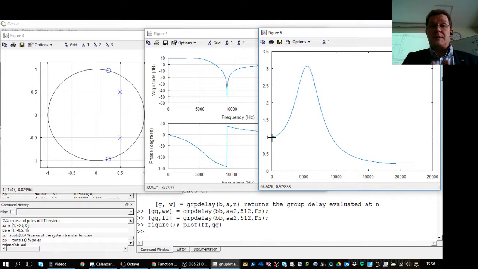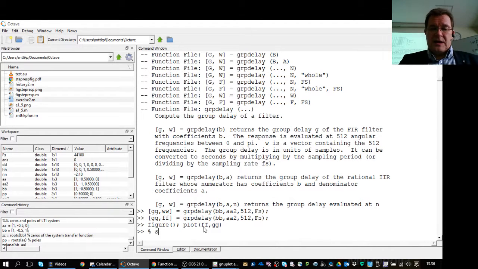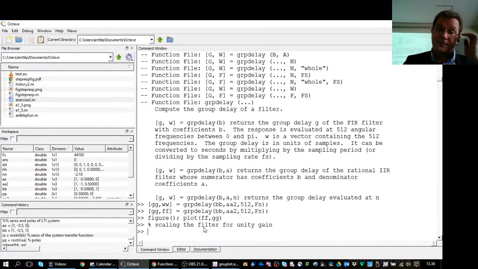The next, and actually the last point on this analysis, is to fix the gain of the system, so that this will be a unity gain system. Scaling the filter for unity gain is quite simple.